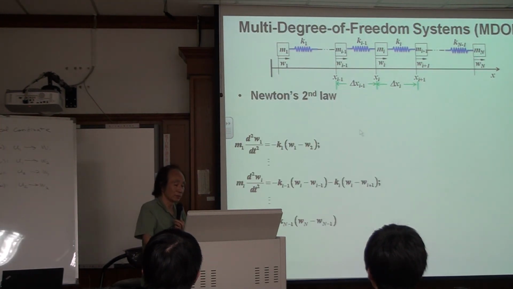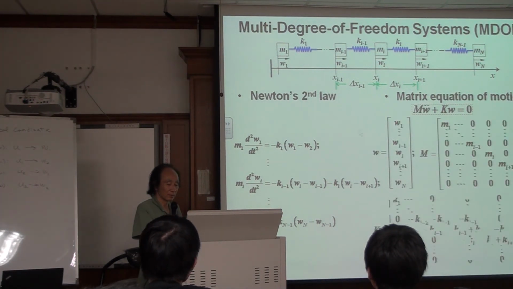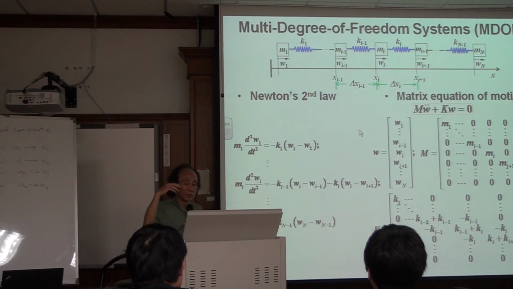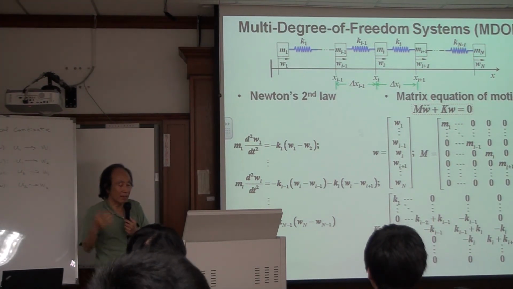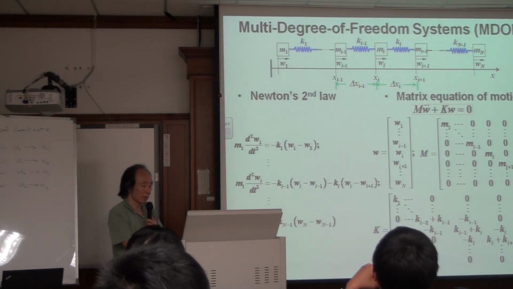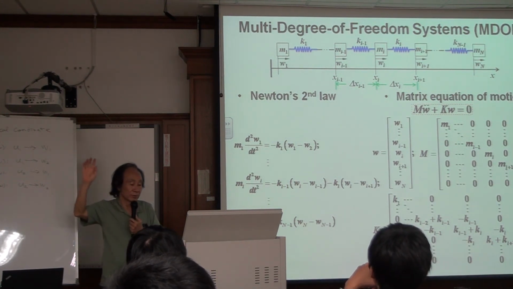Now if you have Newton's second law, the matrix equation like this, that's the matrix equation. You can see that if you use the absolute displacement, your mass matrix is likely to be just diagonal. And your K matrix will be coupled like this. This is the K matrix. Most of the entries are still zeros.